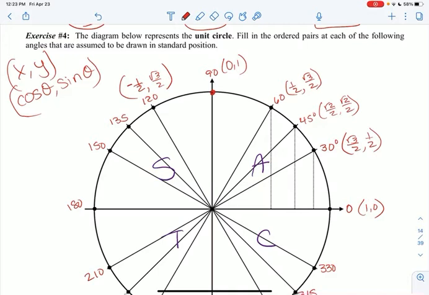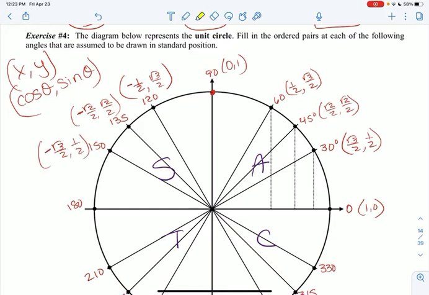All right, so 135 has a reference angle of 45. So it's going to be the same as the 45s, but I'm going to have to pay attention to the signs because remember in the second quadrant, cosine is negative. 150 degrees has a reference angle of 30, so it's the same answers as the 30s, but in the second quadrant, cosine is negative.